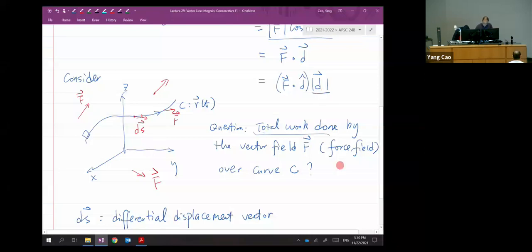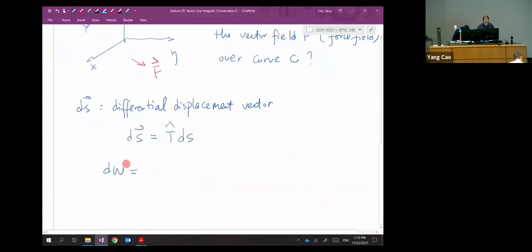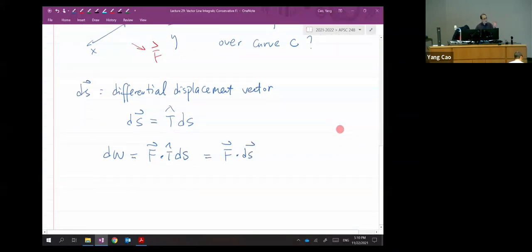So over here, the work done is the force at that location dotted with t hat ds, which is basically this ds vector. Or you can write it as F dot ds, it's the same meaning. That's how much differential work is done.